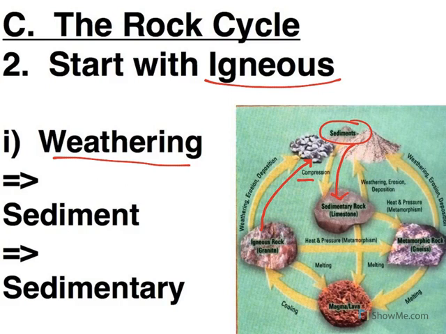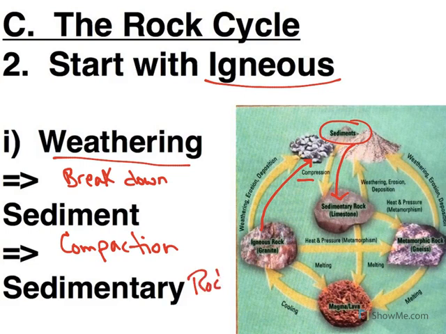So you can turn your igneous into a sedimentary rock by first breaking it down into pieces, and then through compaction or compression, it will eventually turn into a sedimentary rock.